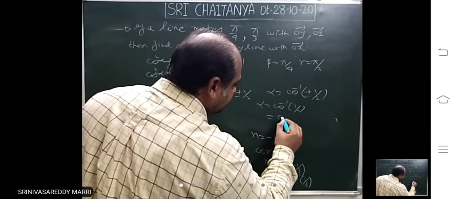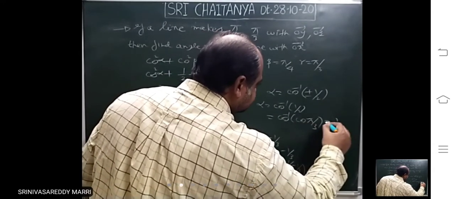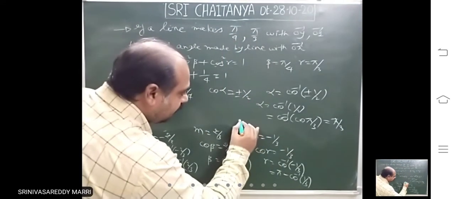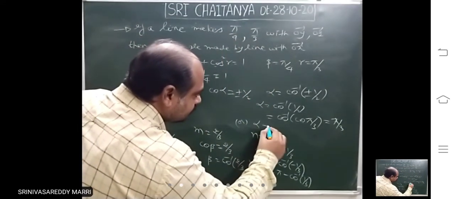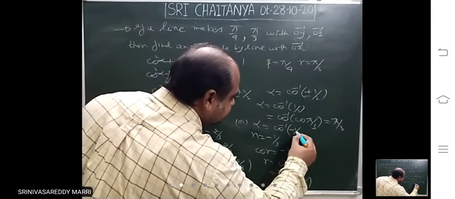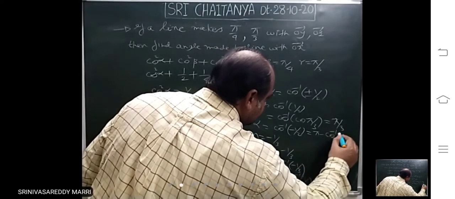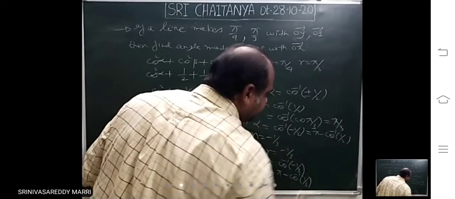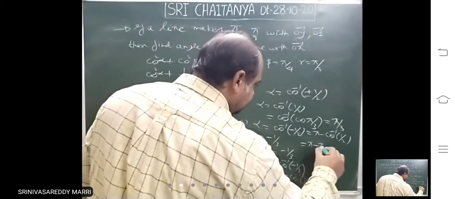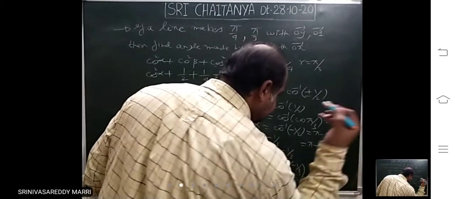One is cos inverse cos pi by 3, by the inverse property, which is pi by 3, 60 degrees, or cos inverse minus 1 by 2, that means pi minus cos inverse 1 by 2. Cos inverse 1 by 2 is pi by 3, so pi minus pi by 3 is 2 pi by 3.